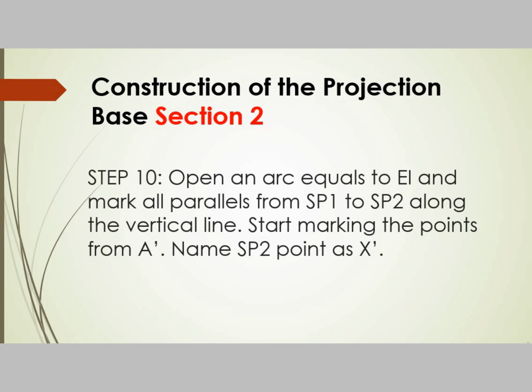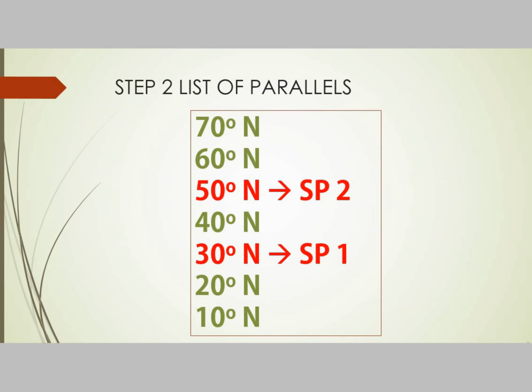Now using an arc equal to EI in the section 1 of the projection base, we will mark the parallel distances along the new vertical line, and we will mark all the parallels between SP1 and SP2. We will start marking the parallels from A dash. So we can refer to the step 2 list for how many markings we have to do. A dash point was for the SP1, and then we have 40 degrees and then 50 degrees.